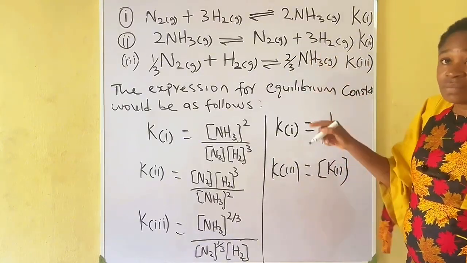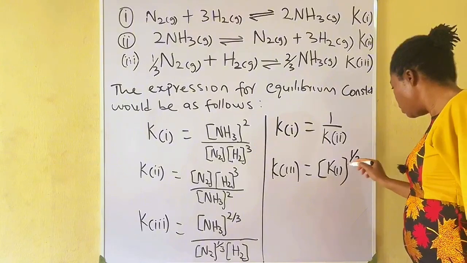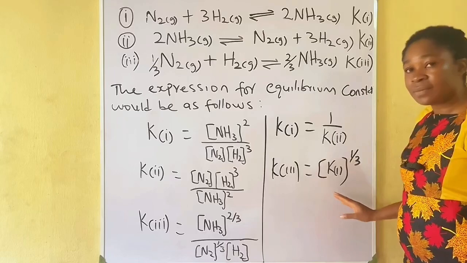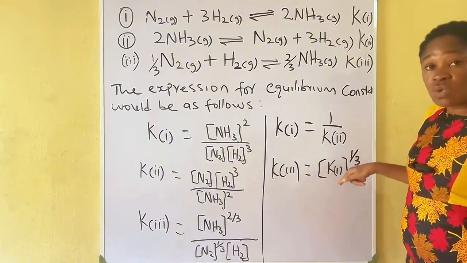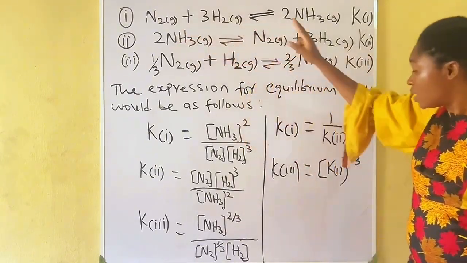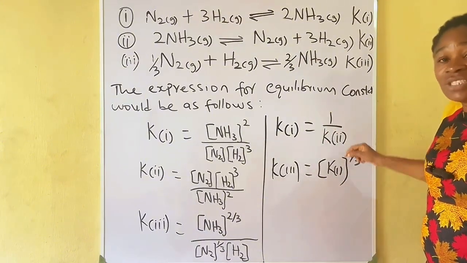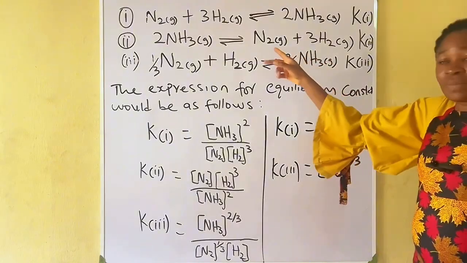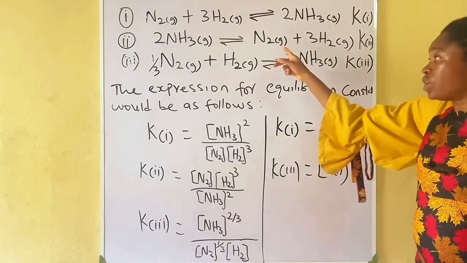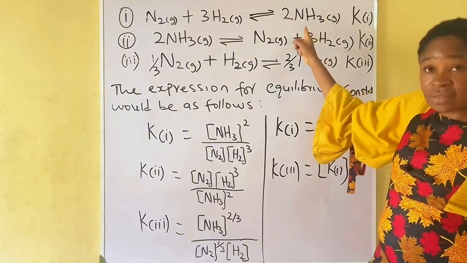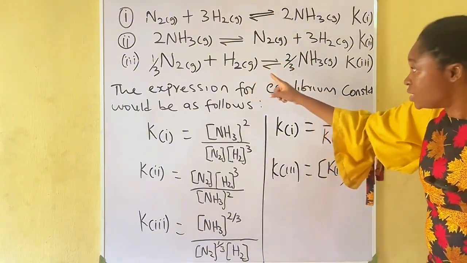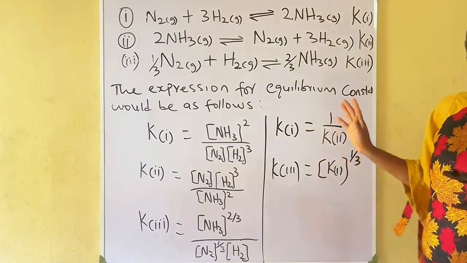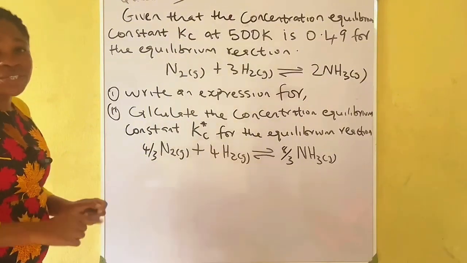The relationship between equation 3 and 1 is that you write the original equation, then raise it to the power of the factor, which is 1/3. Equation 2 is obtained by reversing equation 1, and equation 3 is obtained by dividing equation 1 by 3. Simple.